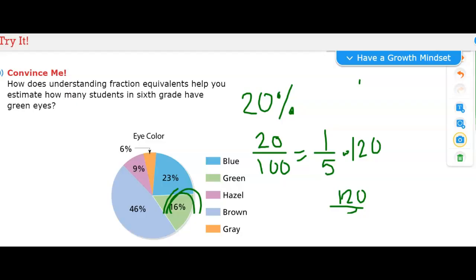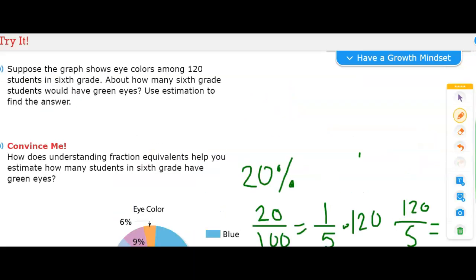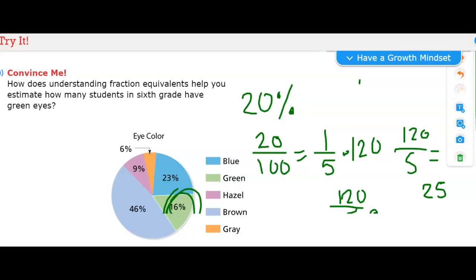And then 5 will go into 120 would be, that would equal 24. So that means that there are about, because it's an estimate, about 25 students that have green eyes.